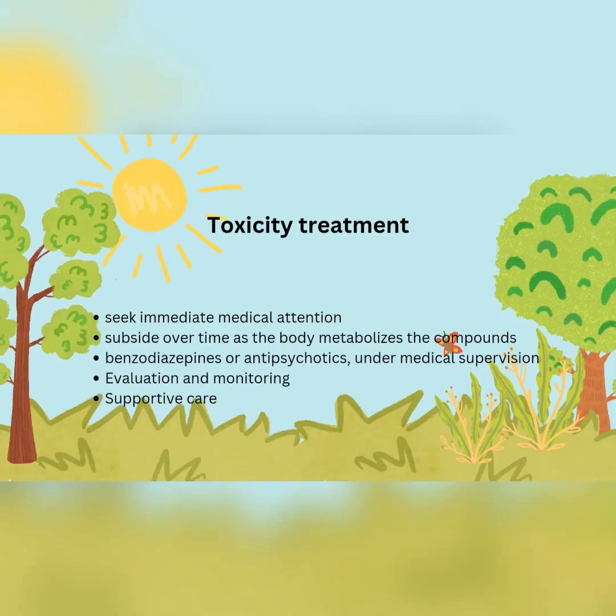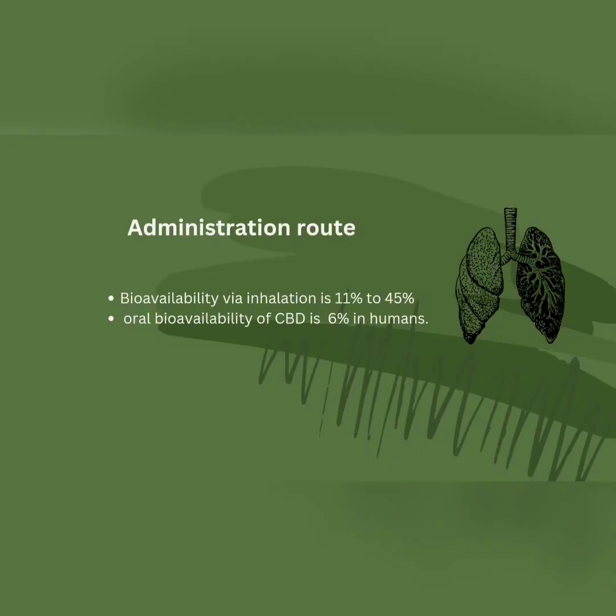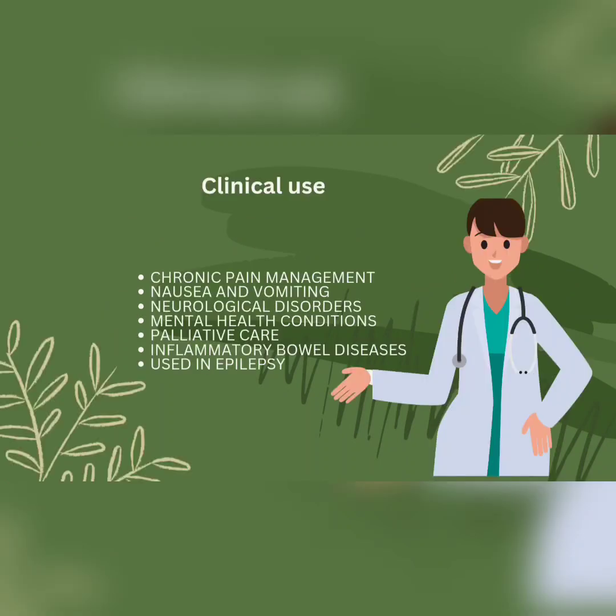Now we're going to talk about the dose of cannabis. For the administration route, if we inhale, then around 11 to 45% goes through the lung, and if we take it orally, then it's 6%. The clinical uses of cannabis are chronic pain management, nausea, vomiting, neurological disorders, mental health conditions, palliative care, inflammation, bowel disease, and sometimes epilepsy.